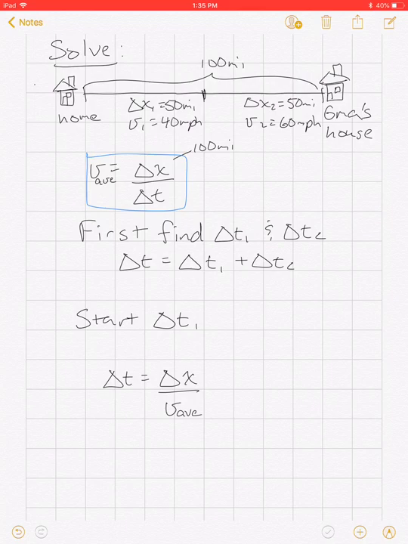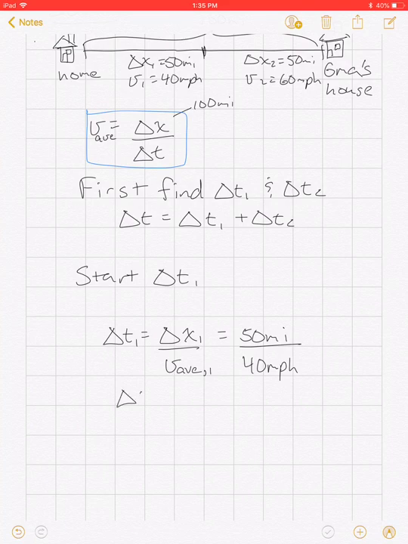Okay, so for the first leg of the trip, that's going to be 1, and this will also be 1. So that's going to be 50 miles over 40 miles per hour. That means that the first part of the trip is going to be basically 5/4 of an hour.